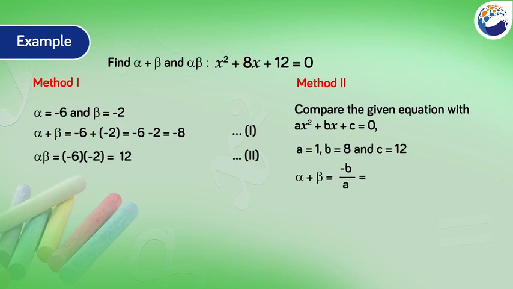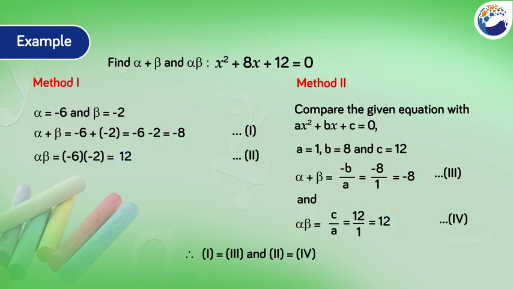Alpha plus beta is equal to minus b upon a, which is minus 8 upon 1, equal to minus 8. And alpha into beta is equal to c upon a, which is 12 upon 1, which is 12. From method 1 and method 2, we get first is equal to third and second is equal to fourth.